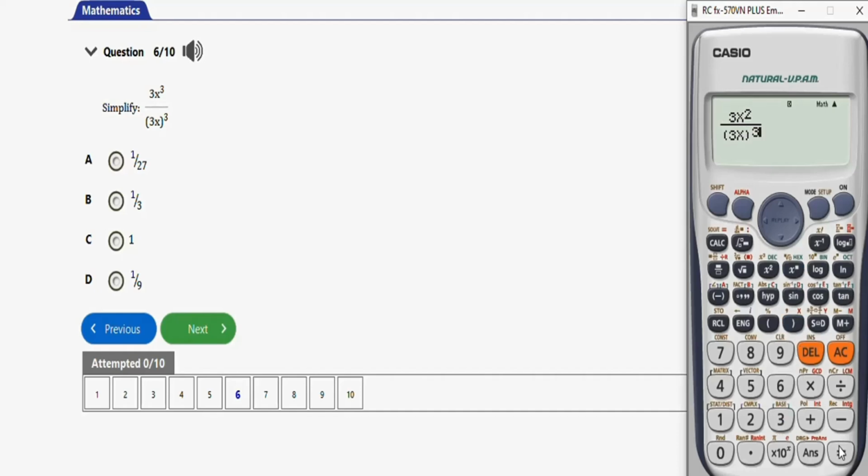Okay, we have cube here, not square. 3x cubed over 3x in brackets, the power is outside, cube. Okay, 1 over 9. So the right option is option D for this question. It's as simple as this.